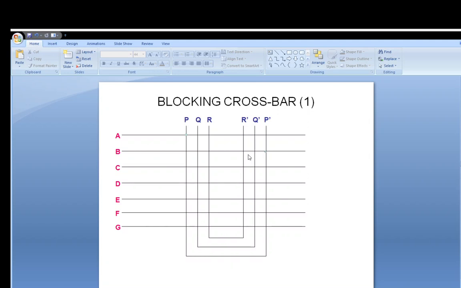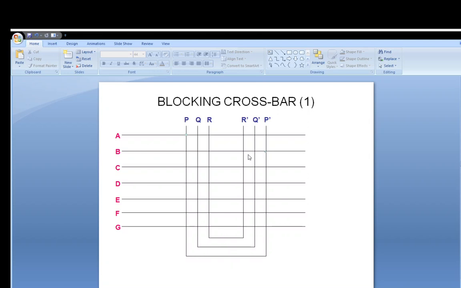To remove that, the requirement was to provide easy connection between the subscribers. For that case, crossbar switching was initiated.